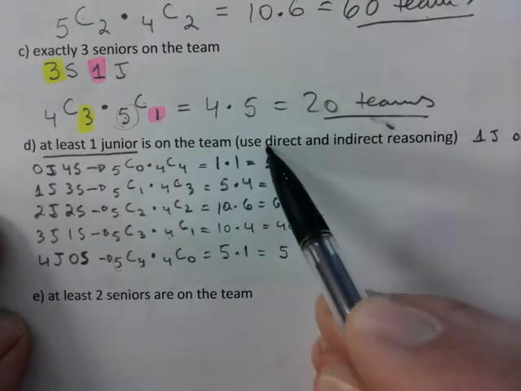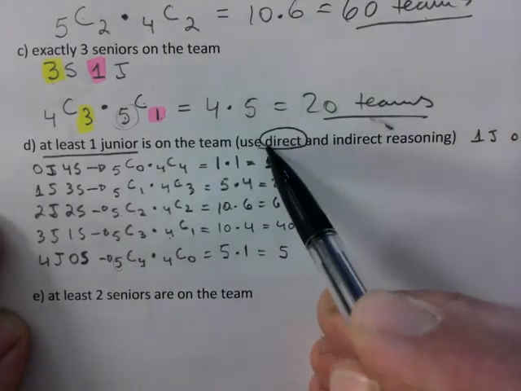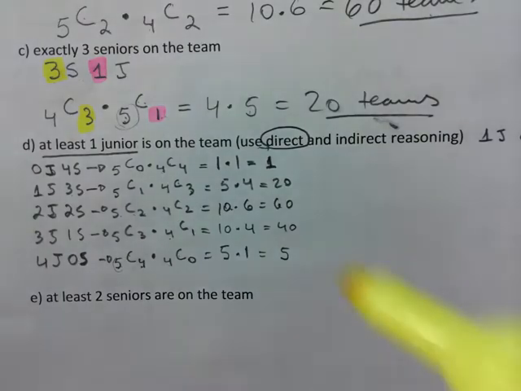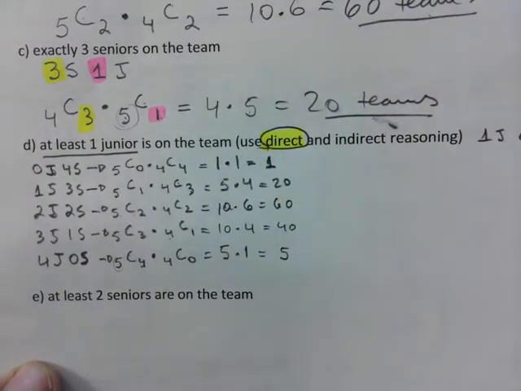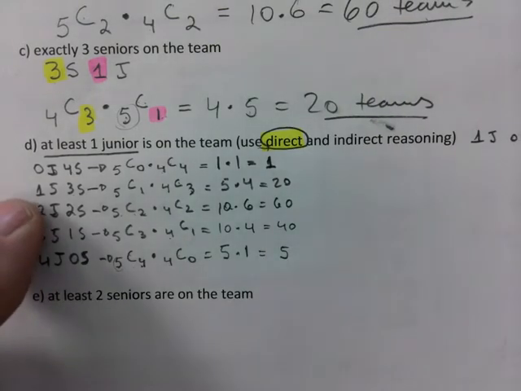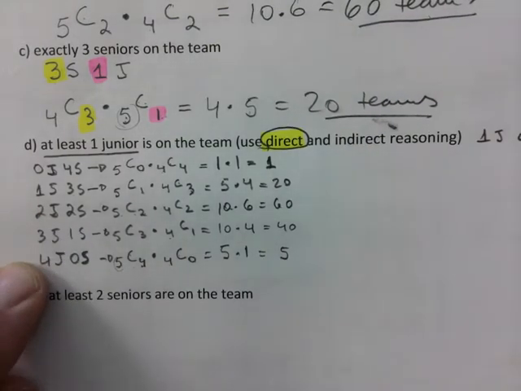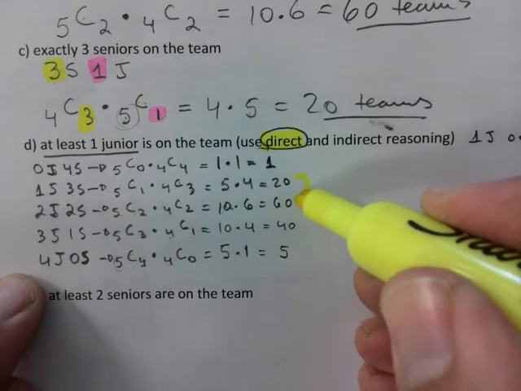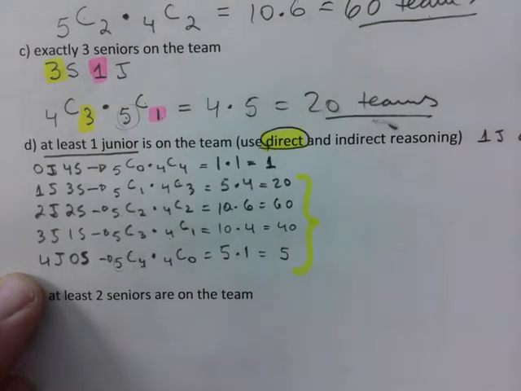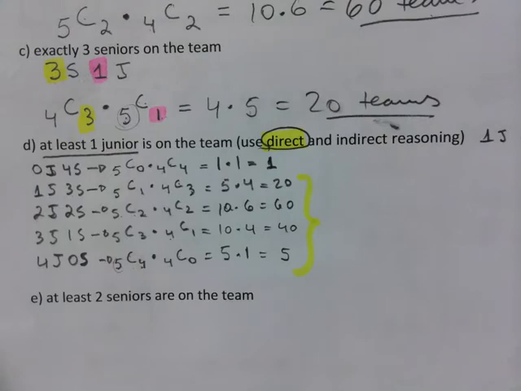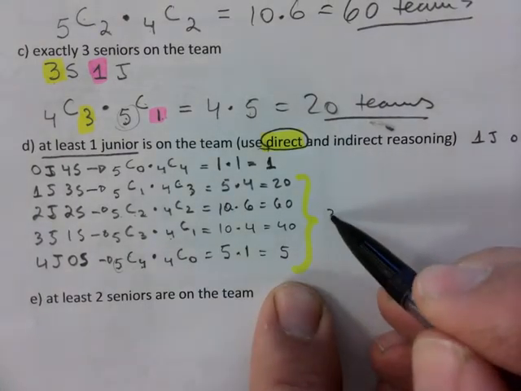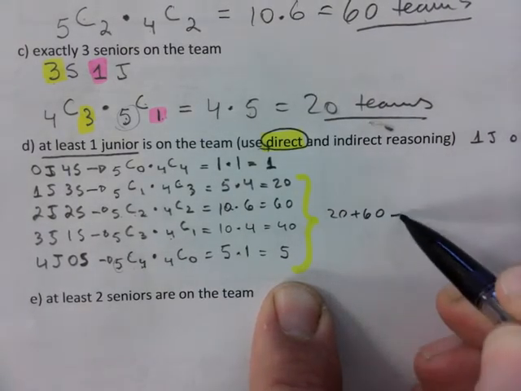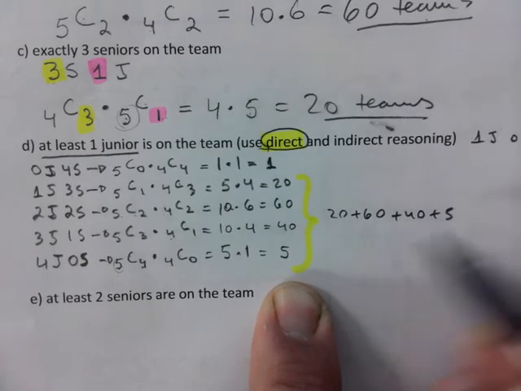If you want to use direct reasoning, direct means go straight to what makes sense, basically. So you go 1 junior, 2 junior, 3 junior, 4 junior. This would be direct. Adding up all the teams that have at least 1 junior in it, it would be 20 plus 60 plus 40 plus 5.